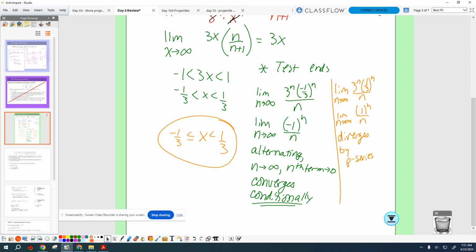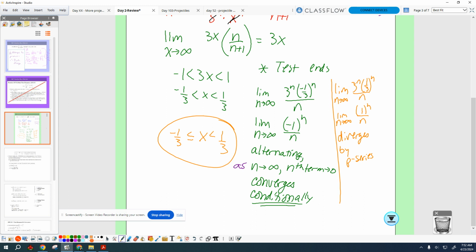I don't think this would get full credit as written, but state the conditions for alternating series. So it works for negative 1/3 but doesn't work for positive 1/3. Remember any of this?